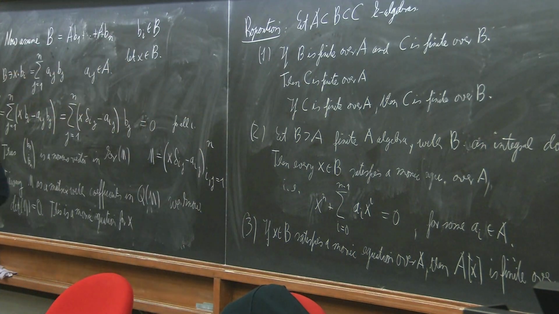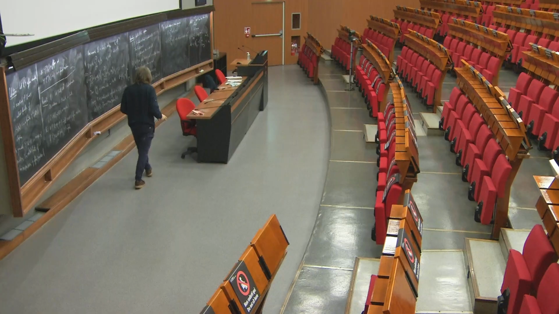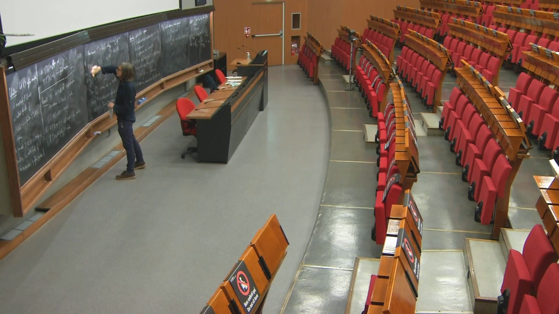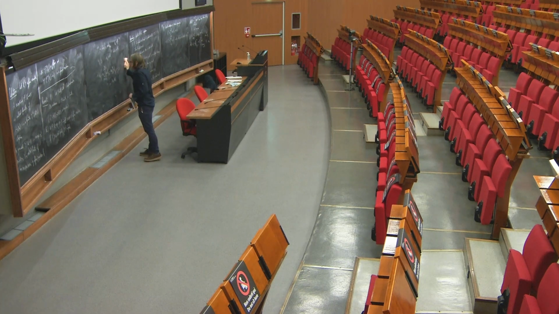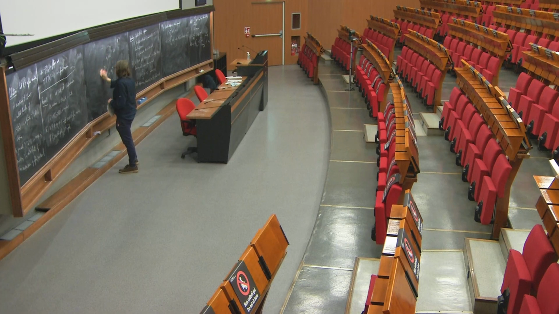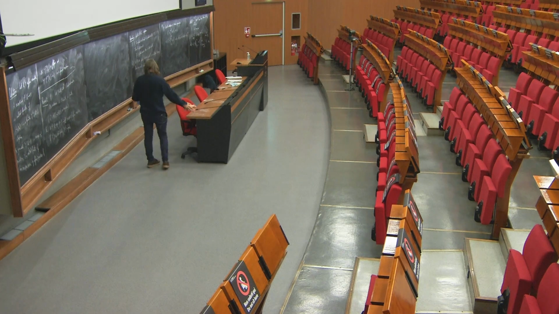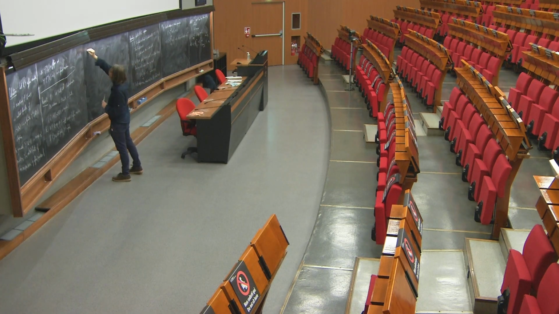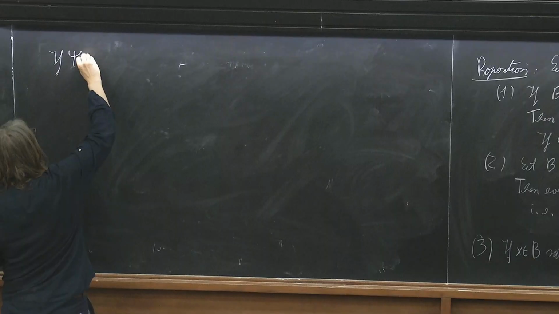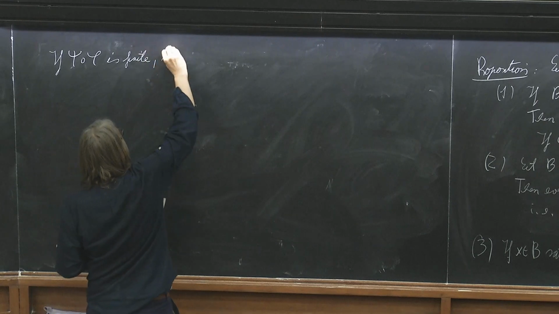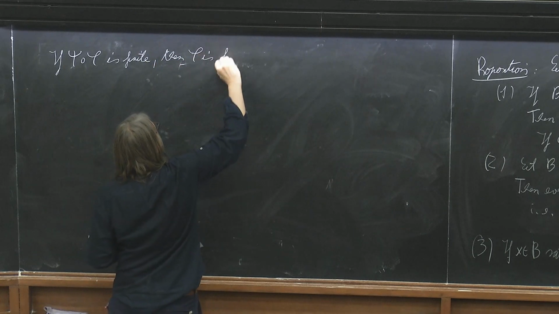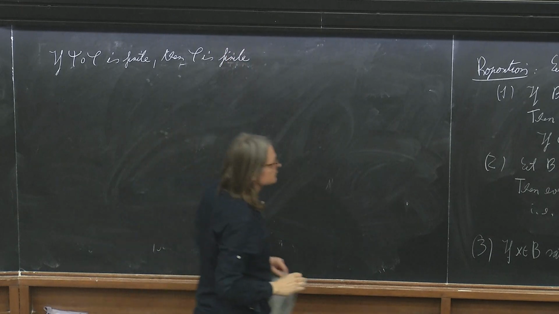And the second statement is obviously if I have that under these assumptions, whoever can remember, either the first or the second map also has to be finite. It's very important that one remembers because only one of them is right. So the statement is if psi composed with phi is finite, then phi is finite. This is the translation.